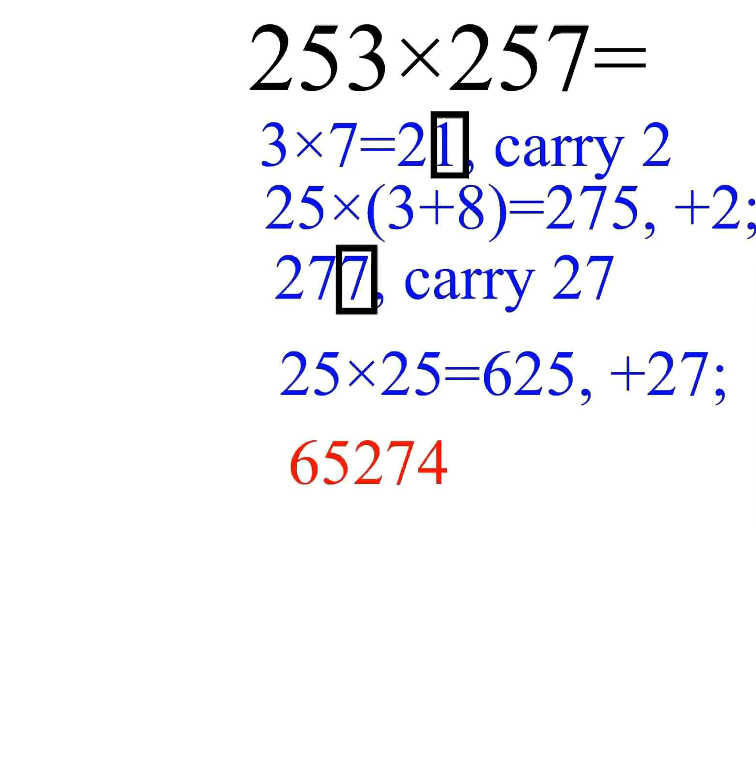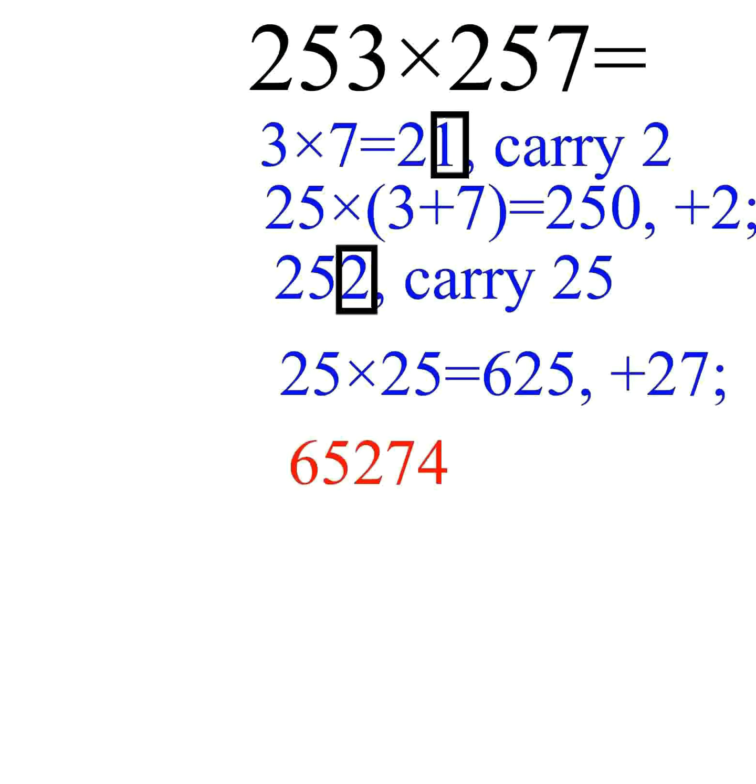And in the second step, instead of adding 3 and 8, we got 3 plus 7, which is equal to 10, and that would be 250. Plus 2 we carried in the first step would be equal to 252. And here we carry 25 instead of 27, as in the last example.